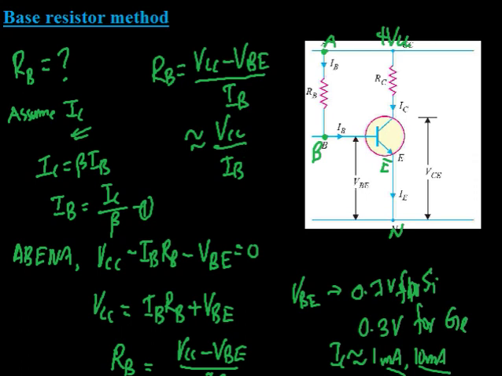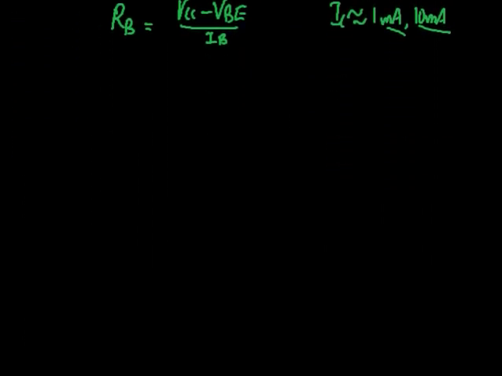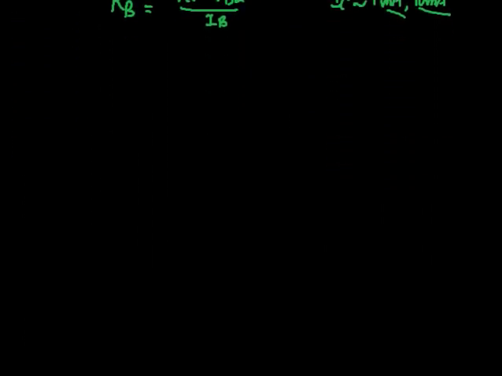Now let's consider the stability factor of this circuit. We know that the expression for the stability factor is S is equal to beta plus 1 divided by 1 minus beta into DIB by DIC.